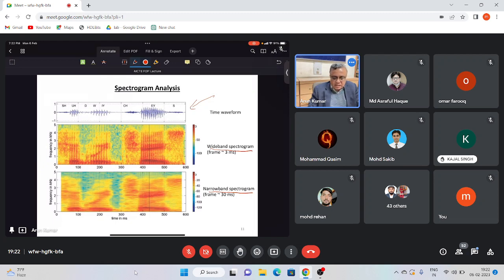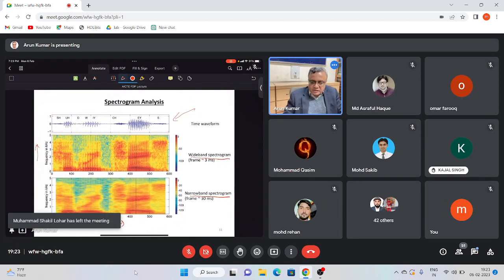The plot itself is essentially three-dimensional, you can say. The x-axis corresponds to the time in milliseconds, the y-axis corresponds to the frequency in kilohertz, and a short time Fourier transform is taken of the signal, where the frame size for the short time Fourier transform can be varied.